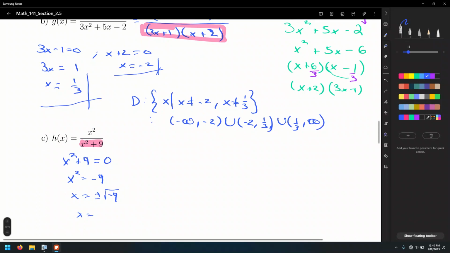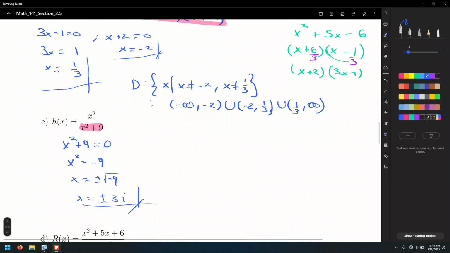In this case, we have imaginary numbers. X equals plus or minus 3i. Well, in this case, since the equation that comes from setting the denominator equal to 0 does not have real solutions, because we only care about real solutions, we're not looking at the field of complex numbers, only real numbers.